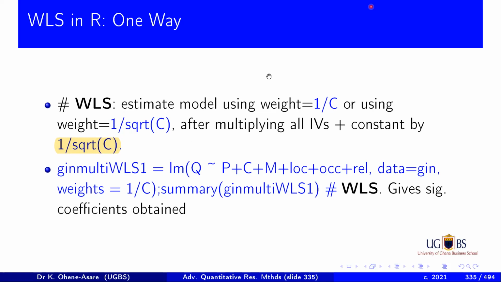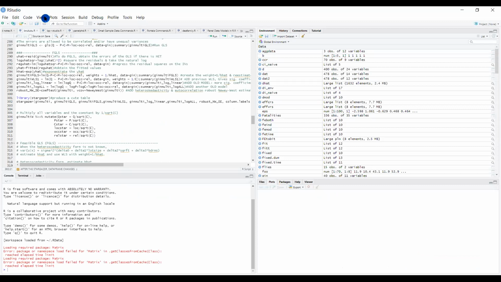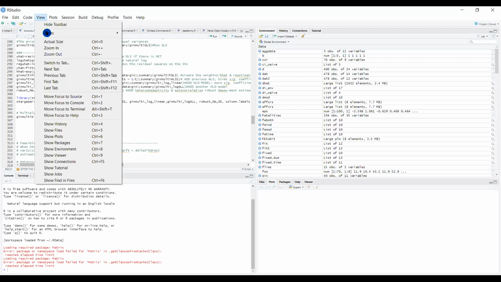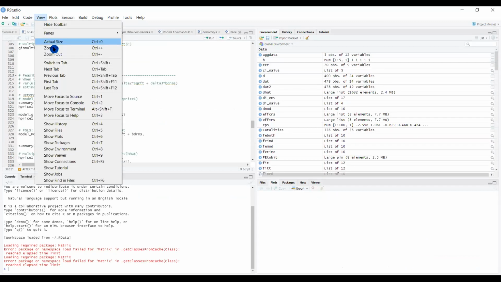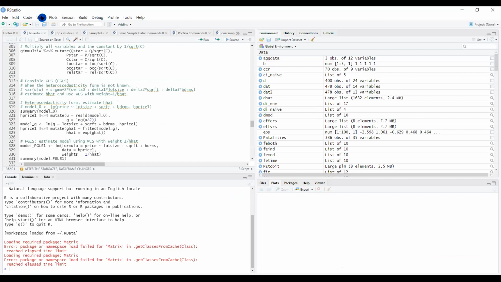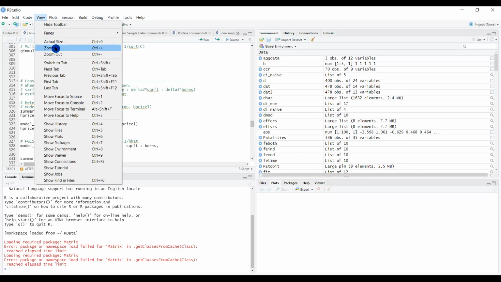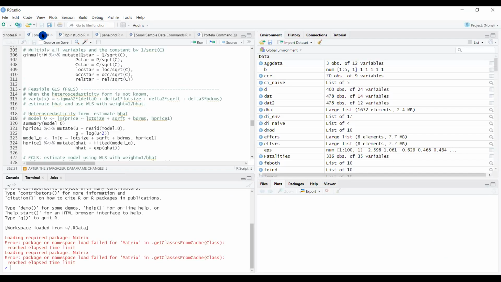Okay. So let's go back to our R. This is our R. Sometimes now I've come to learn to zoom it so that you will be able to see it quite clearly. I am sure it's a bit bigger than when we started.